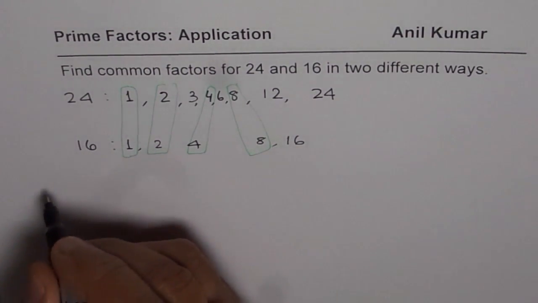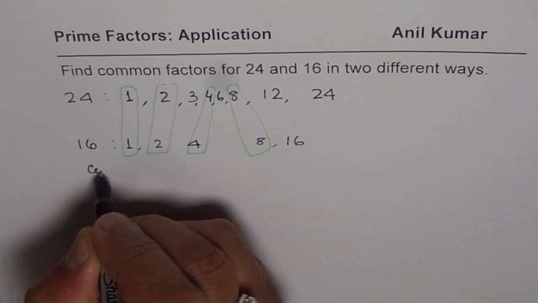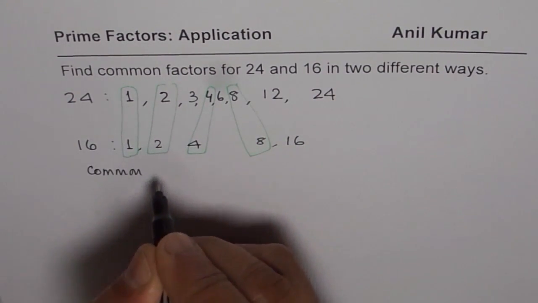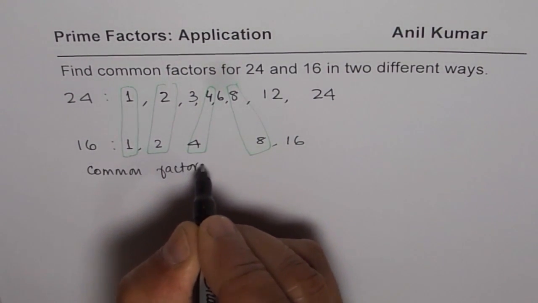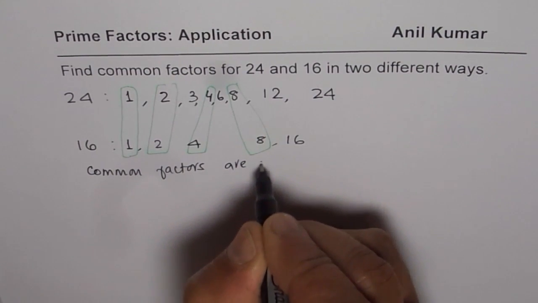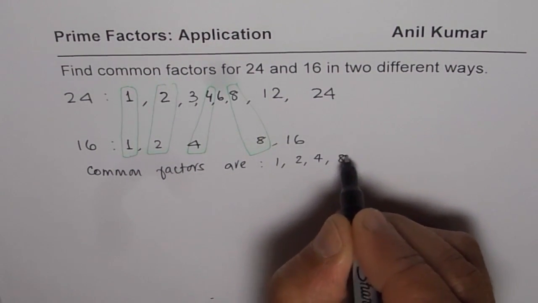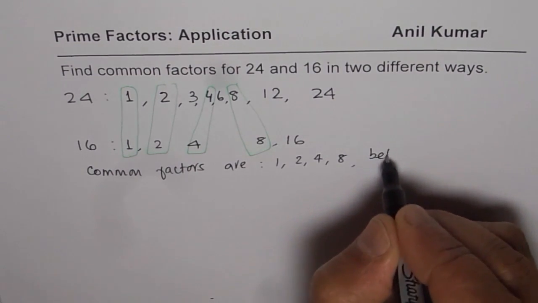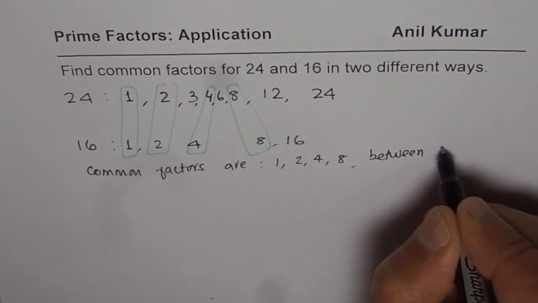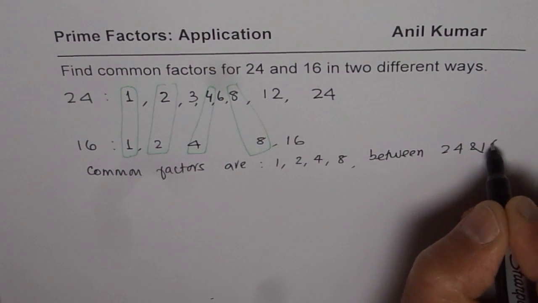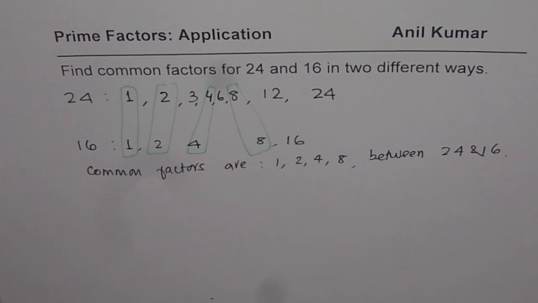So our answer is that the common factors are 1, 2, 4 and 8 between the numbers 24 and 16, right? So that is how we can get common factors. Well, this is our first method and most common method.